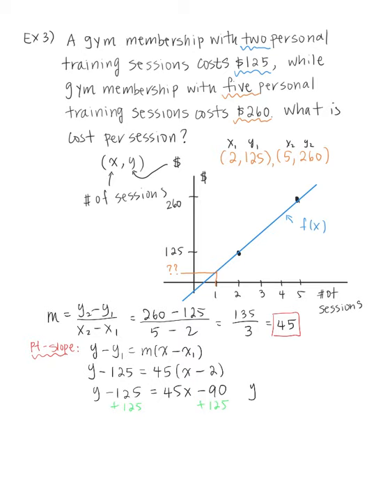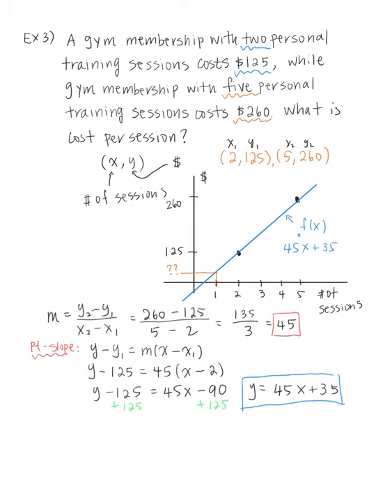We get y equals 45x, and then 125 minus 90 is what? 35? Positive 35? Boom! So this is the equation of the line that we just drew. So our f of x, let me write it where it was, is precisely 45x plus 35.